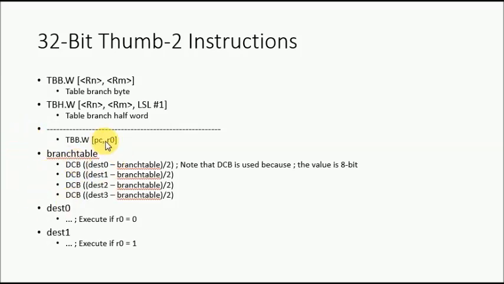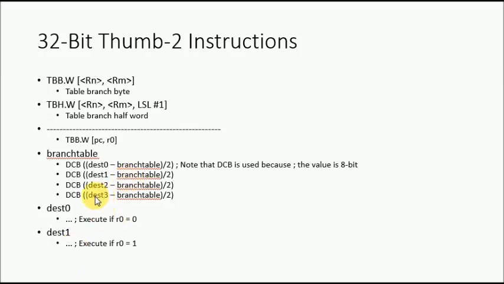Immediately after this instruction we have the branch table, and DCB indicates the 8-bit value, so define code byte. The 8-bit values are provided here: destination 0, destination 1, destination 2, destination 3. These are the labels. We have to provide the labels destination 0, destination 1 up to destination 3, or you can provide destination 4, destination 5, destination 6.